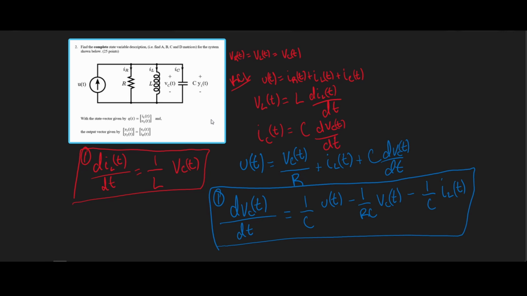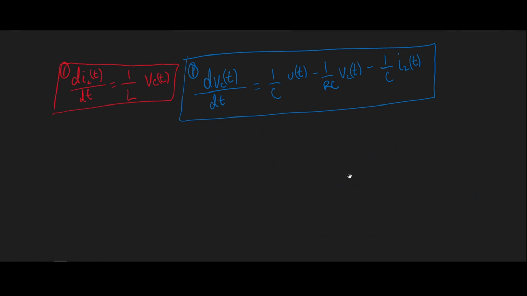Now that we have found the derivatives of the state variables, we can start to write the state differential equation. We have to put the equations in the state differential equation form: q dot of t is equal to A q(t) plus B u(t).